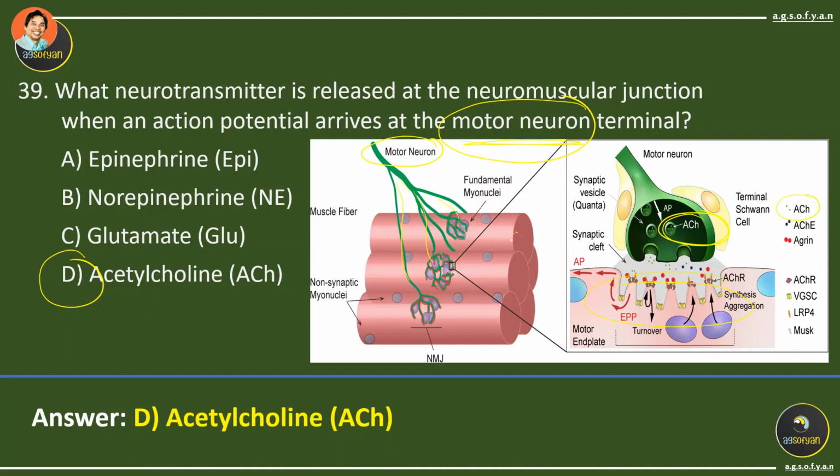It's not only one muscle cell. One motor neuron can innervate or bring response to many muscle cells. So this junction is called the NMJ, neuromuscular junction. And the neurotransmitter released to this junction is called acetylcholine.